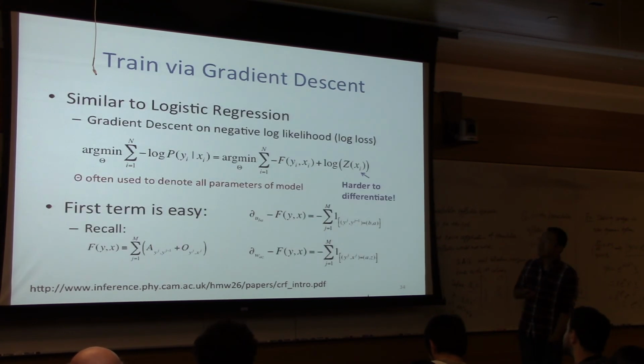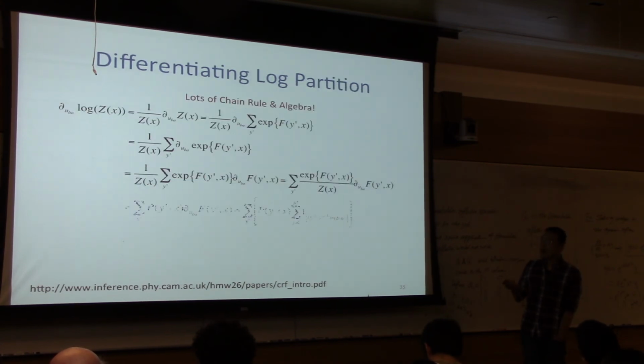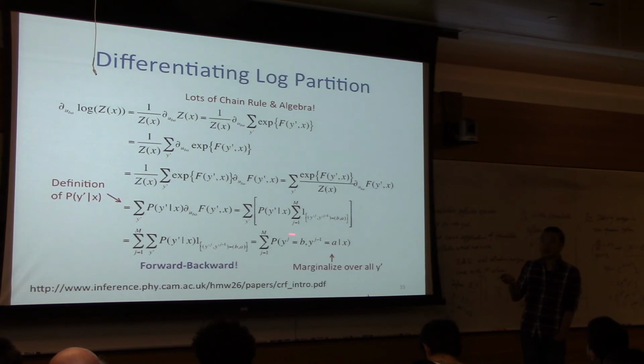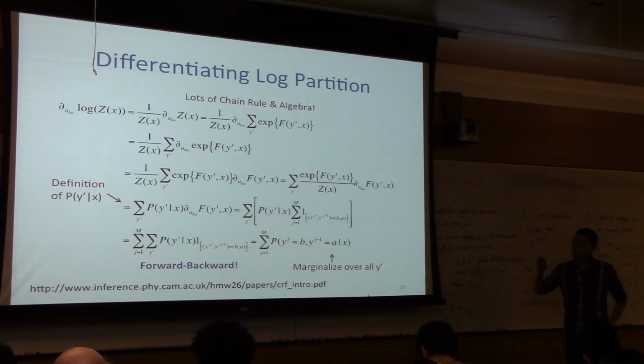In simple binary classification logistic regression, the gradient in the first term is a simple linear scoring rule, and then the log term, when you take the gradient of binary logistic regression, is actually equal to just the probability. And computing this term right here, you do it with the forward backward algorithm.